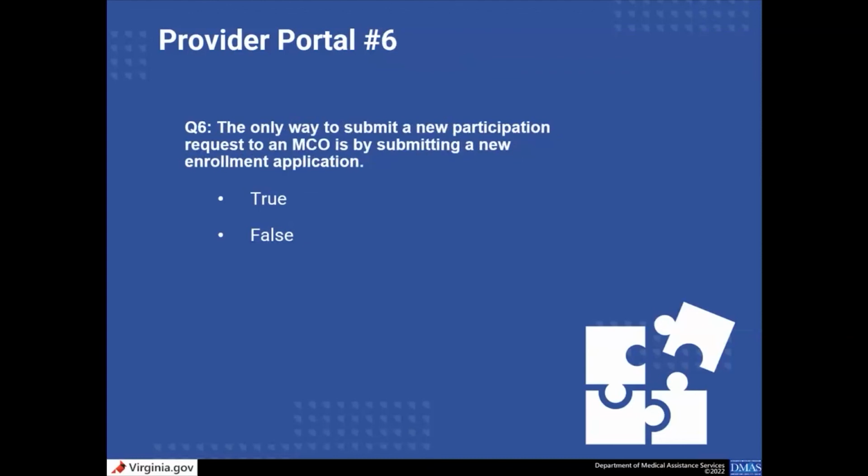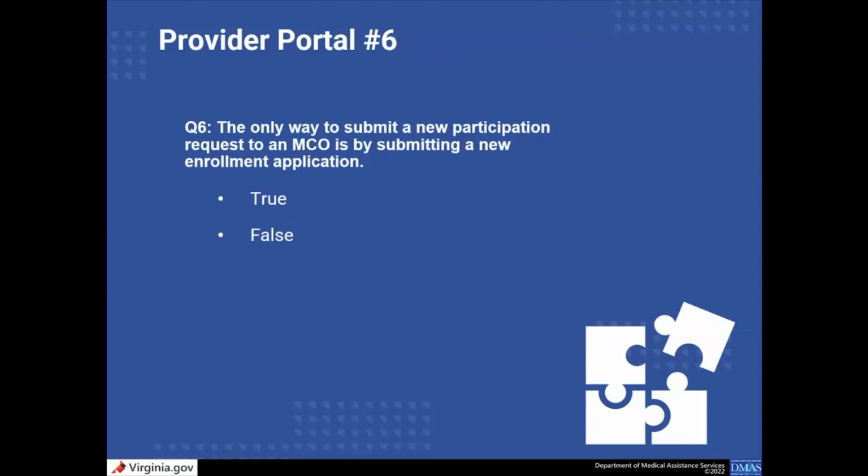Question 6. The only way to submit a new participation request to an MCO is by submitting a new enrollment application. Is this true or false? The correct answer is false.